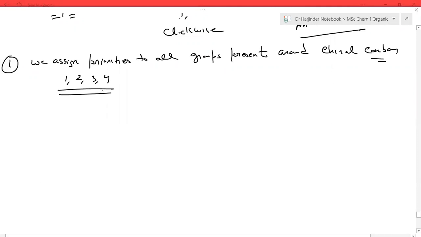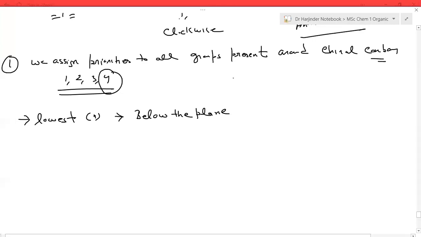Your lowest priority group, according to this rule, should be below the plane.